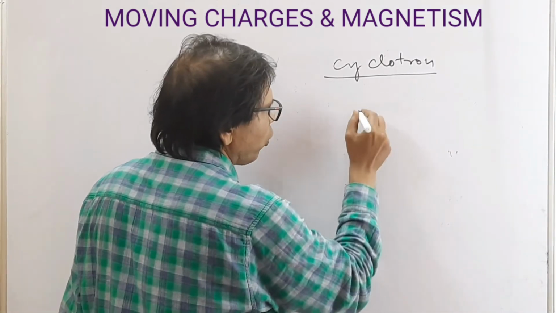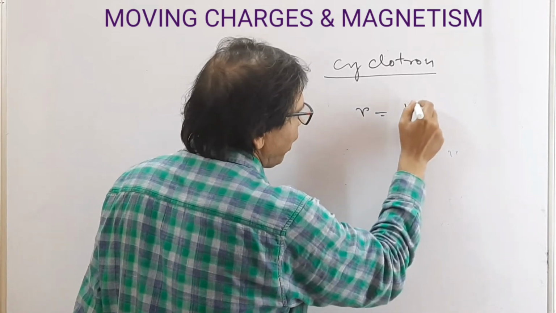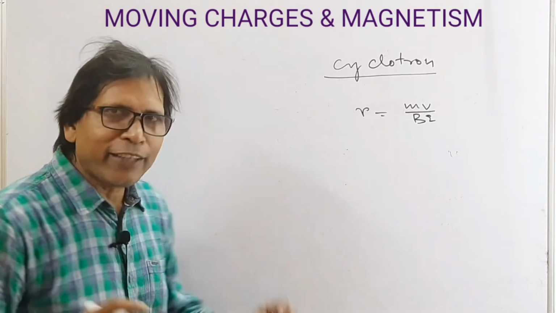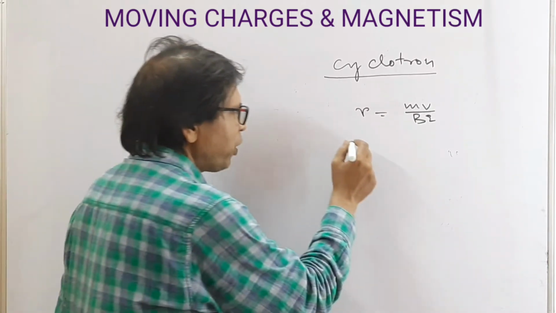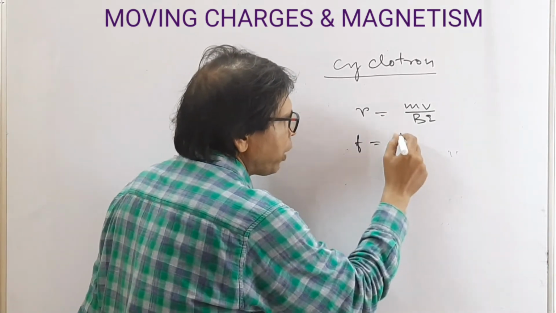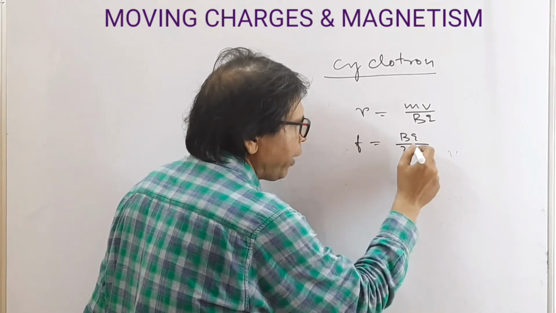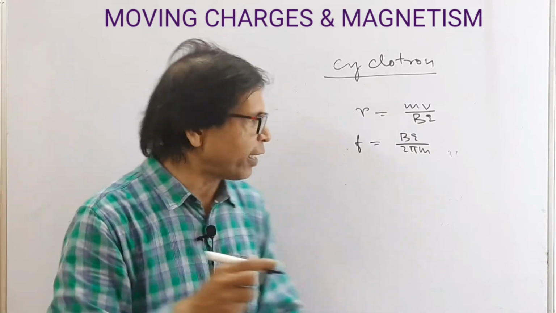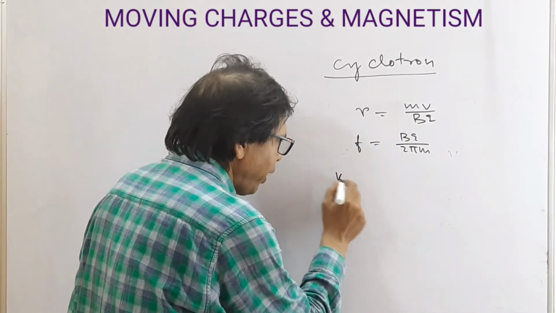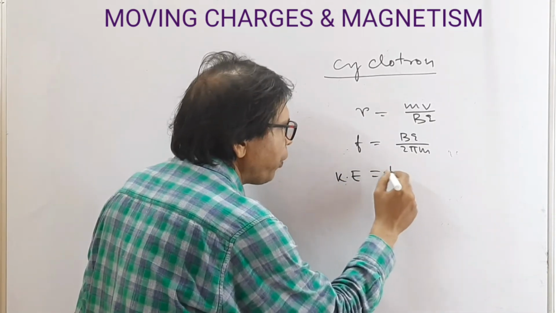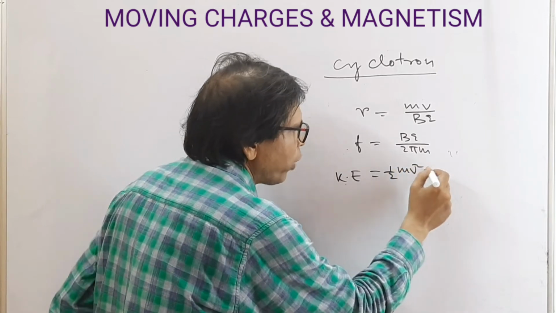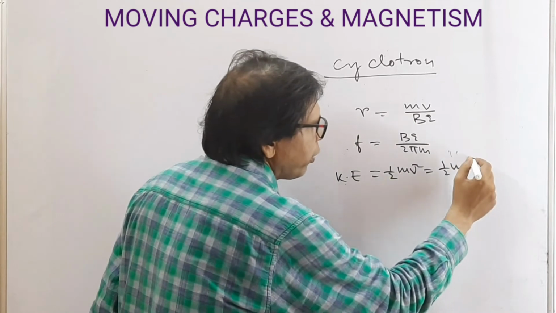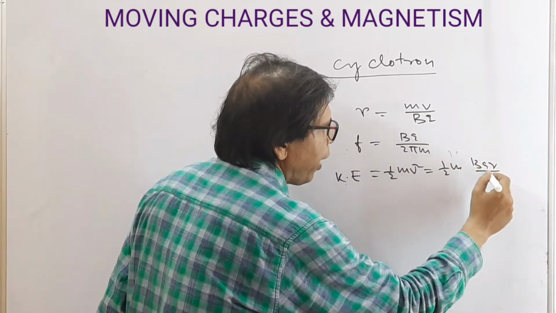In a cyclotron, the radius of the charged particle is mv by Bq, and the cyclotron frequency f equals Bq divided by 2 pi m. So the kinetic energy of the charged particle, KE equals half mv squared, where v equals BqR by m.